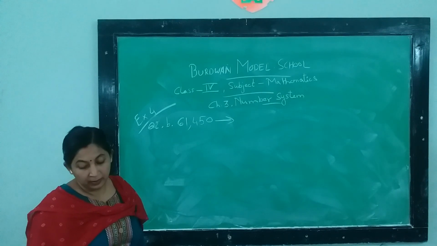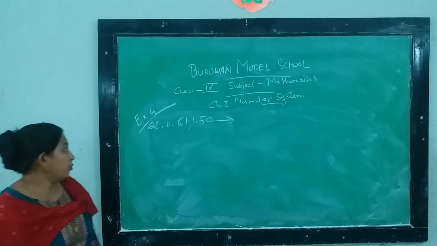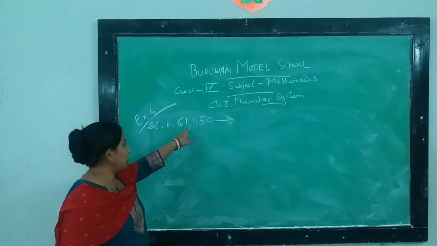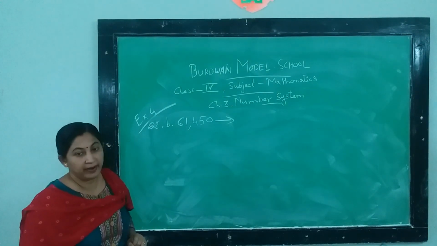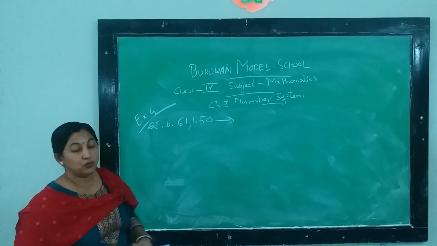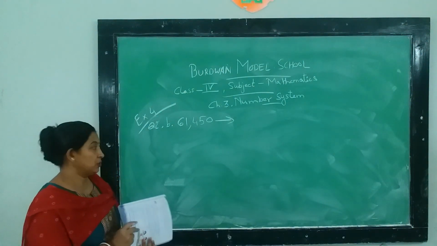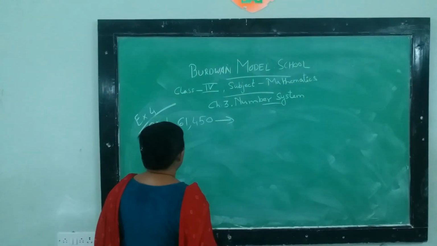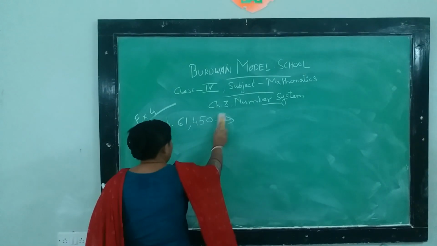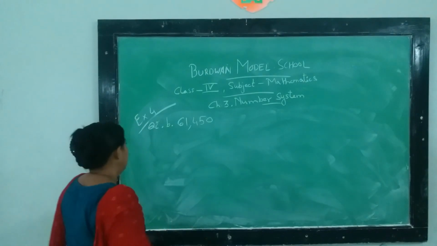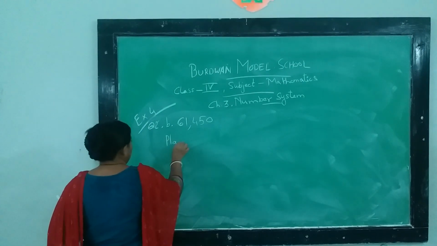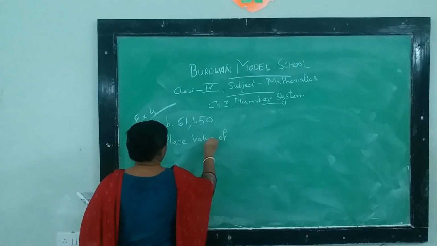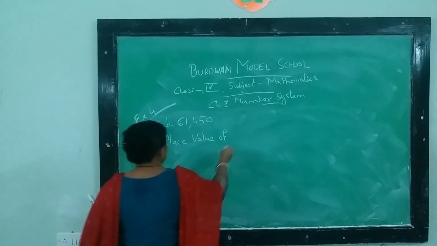Now come to question number 2. Number B I have written 61,450. It is ones, tens, 100, 1000, 10,000. You will start writing from the place value chart from the ones place. So first, place value of 0.